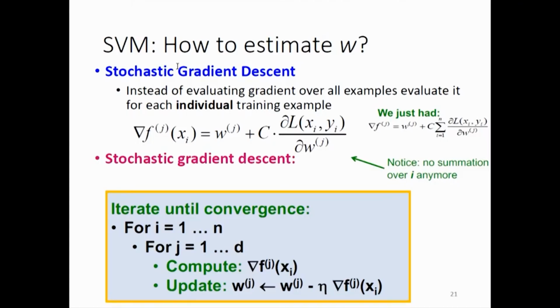Can you parallelize this stochastic gradient descent algorithm? If you remember the algorithm, can you parallelize it? You have data on many machines, so you would want to parallelize this. So, the answer is not very easily.